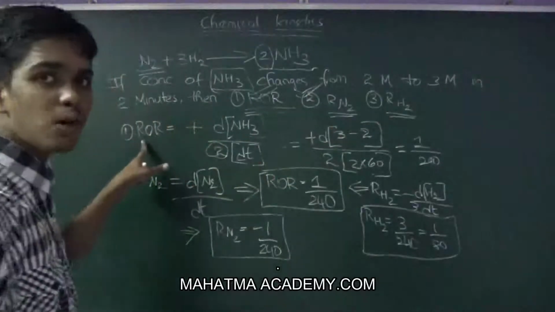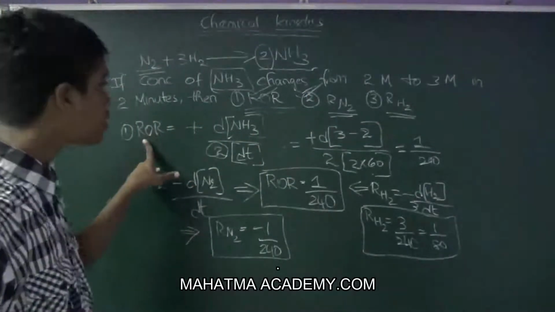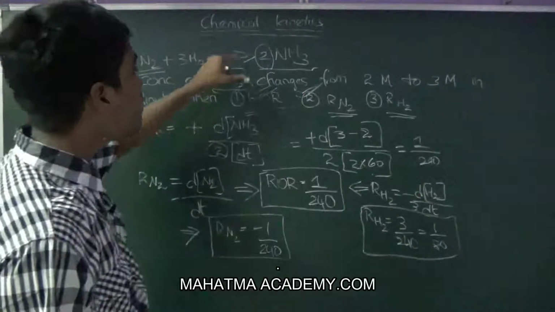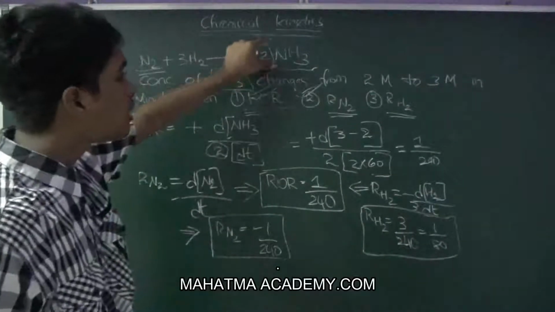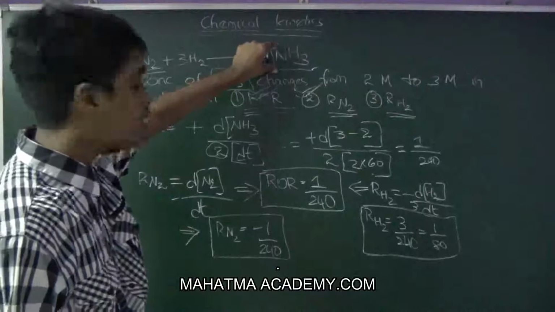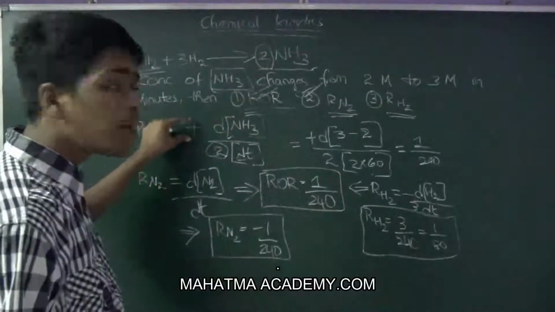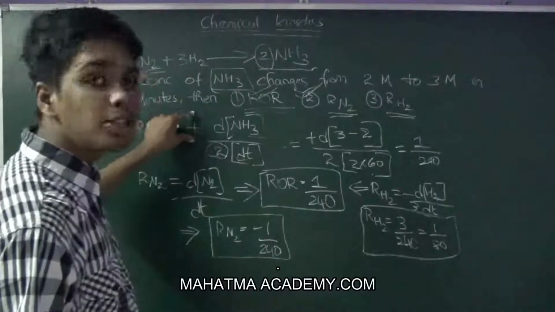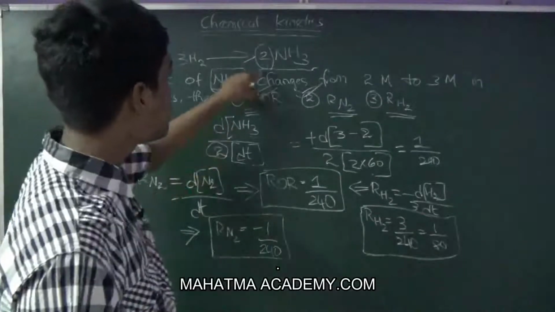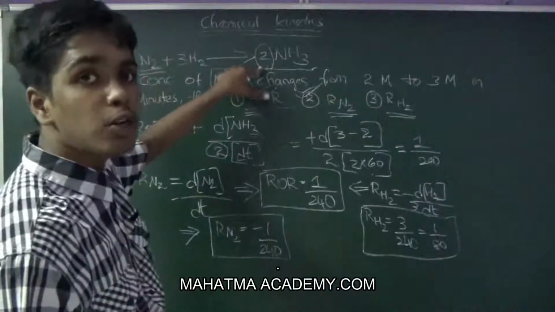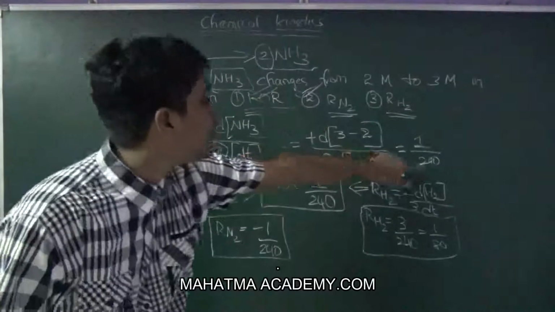Now ROR means the rate of reaction, and we have taken it for the product. So we took the positive sign and we took 2 because the stoichiometric coefficient is 2, and we got the result.